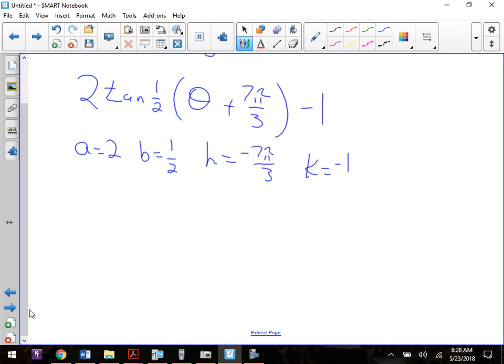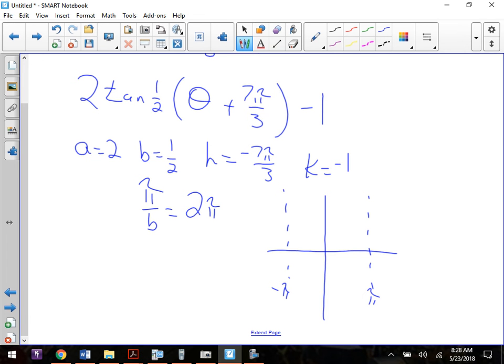The period of tangent is pi over b. In this case, this one has a period of 2 pi. If it has a period of 2 pi, that means your asymptotes will be set at pi, plus or minus pi. And then go on from there.